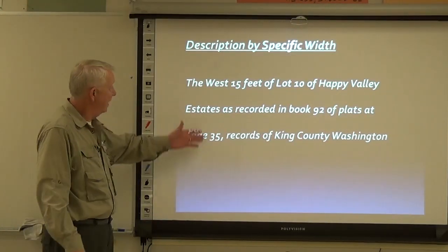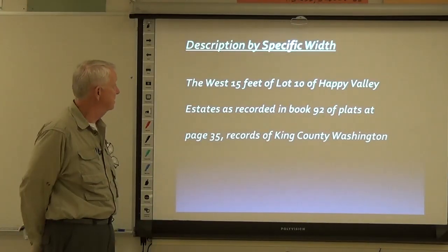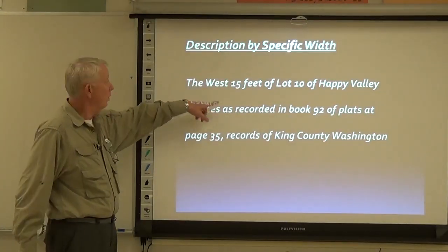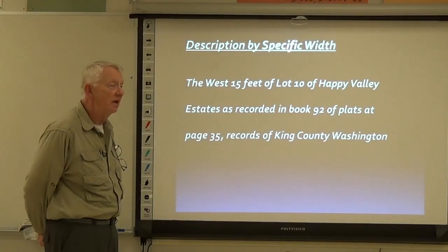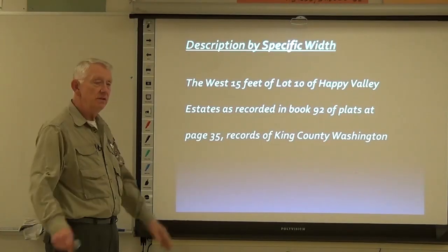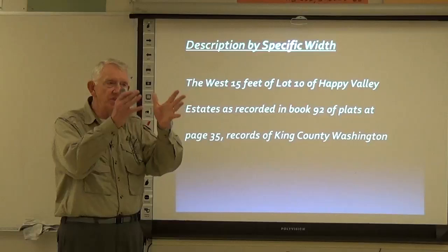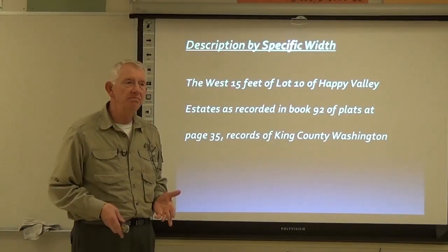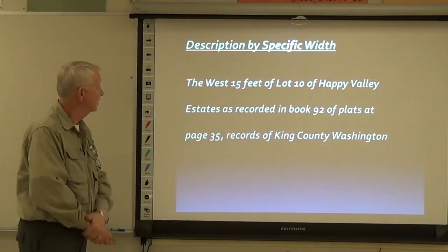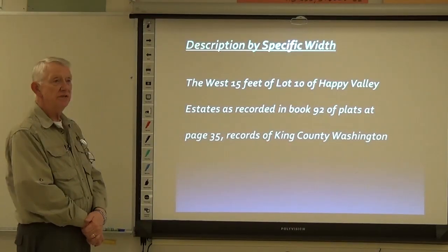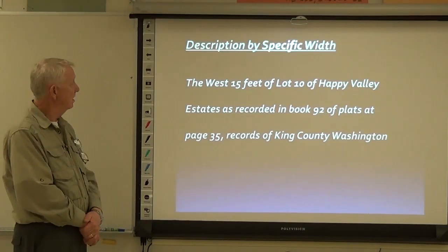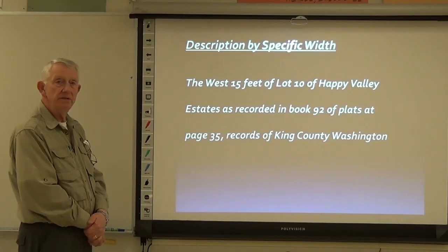So you find the plat of Happy Valley Estates, and whatever this is for, it's the west 15 feet of Lot 10 of that. So you find Happy Valley Estates, you find Lot 10, and the west 15 feet, there's something there. Let's say it's an easement. And so we describe that by a specific width, and that's all there is to it.